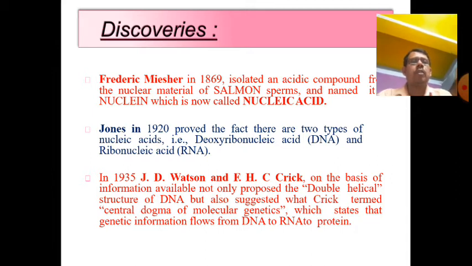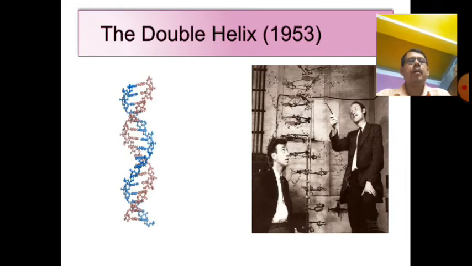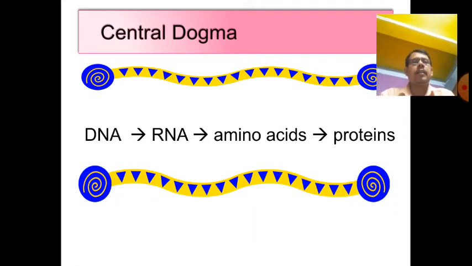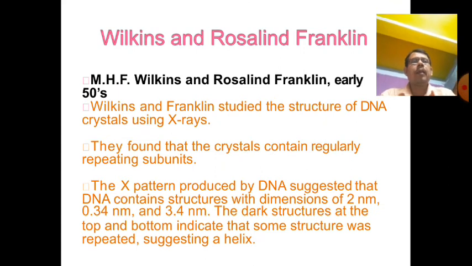This is our life process, the central dogma of life. This is the structure as designed by Watson and Crick. In 1953 they got the Nobel Prize, a helical structure. And this is the central dogma of life we discussed in the previous classes.